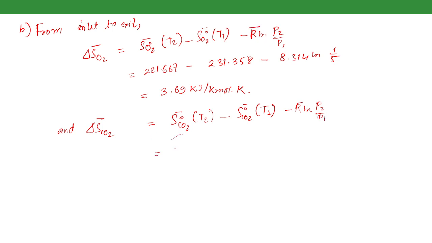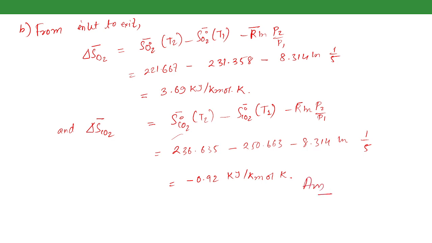Okay, so this is 236.635 minus 250.663 minus 8.314 ln of 1 by 5. So this is minus 0.92 kilojoule per kilomole Kelvin. These are the entropy changes associated with the individual gases.